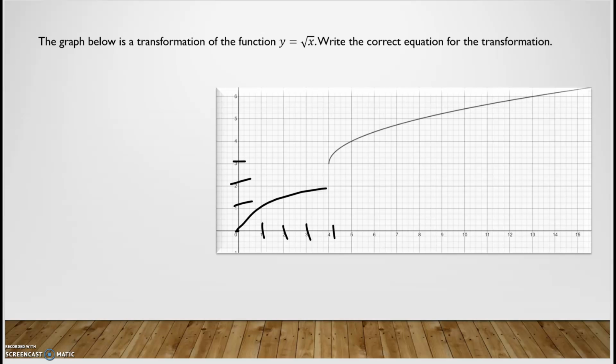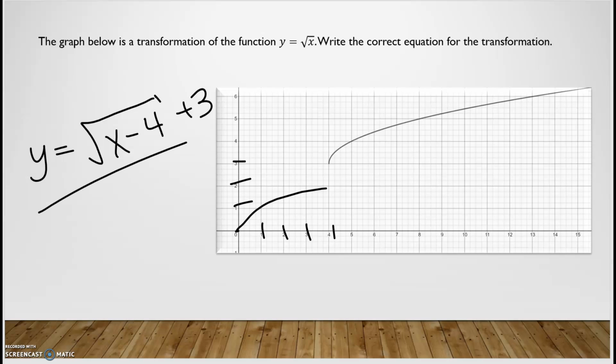Okay, so let's deal with to the right. So that would be y is equal to the square root of x minus 4, because we went 4 to the right, and then we went up 3, so plus 3. So that would be our formula for this transformation of the graph.